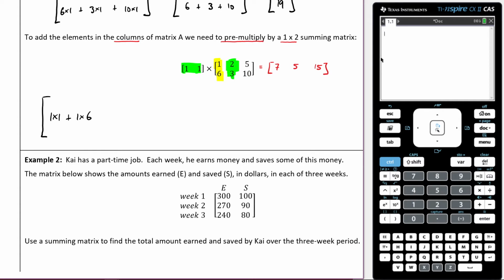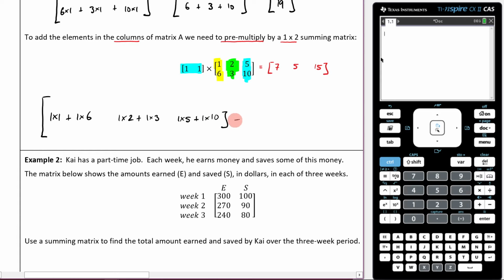So that's going to be 1 by 2, plus 1 by 3. Then we go to the next one. This will be this by this. So this will be 1 by 5, plus 1 by 10.